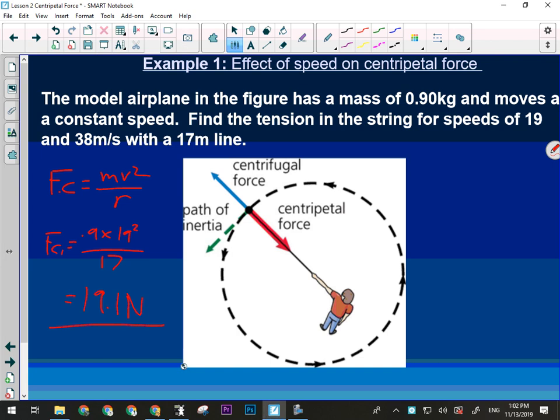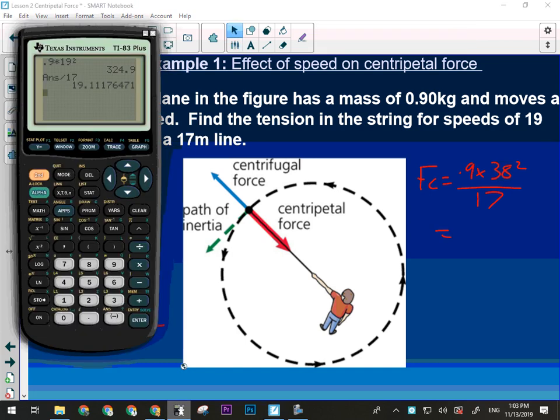Okay. If I double that speed to 38, I should need how much more? 4 times. Okay, let's just confirm that that's actually what happens here. So 0.9 times 38 squared divided by 17. Okay, 76.4.